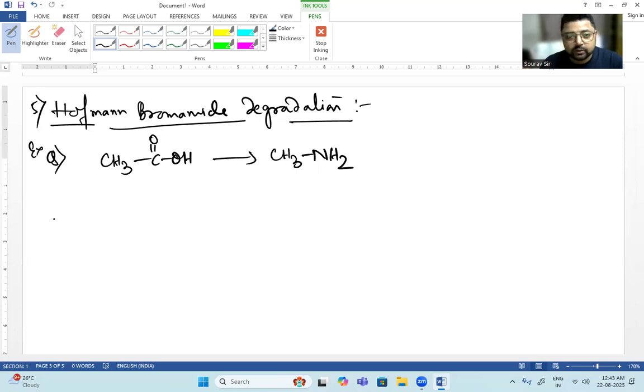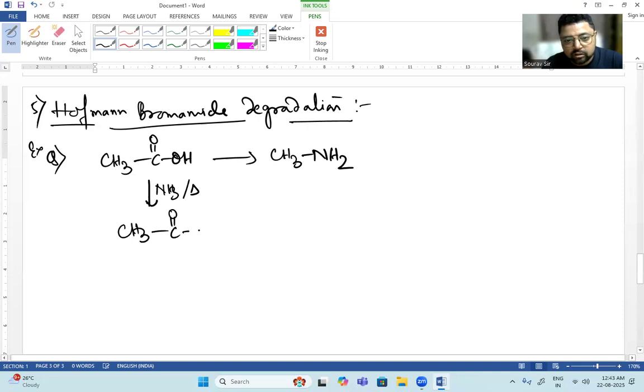So here what we will do, we will first convert this to our amide, with NH3 and heat. And then we will get CH3 C double bond O NH2, with water as a side product. So this is our amide. Now we will give here Br2 over KOH and we will heat it.